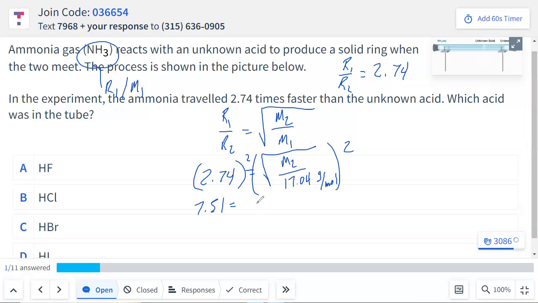Squaring the square root gets rid of it. I've got M2 over 17.04 grams per mole. And now to get rid of the 17.04 grams per mole in the denominator, I've got to multiply each side by 17.04 grams per mole.